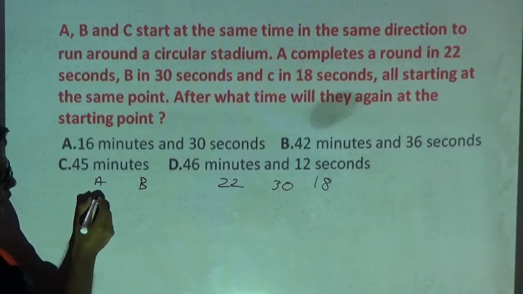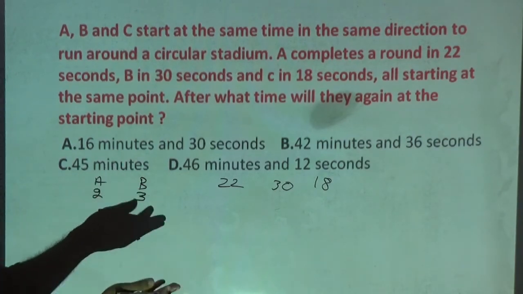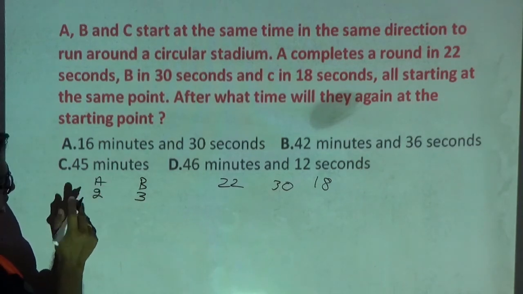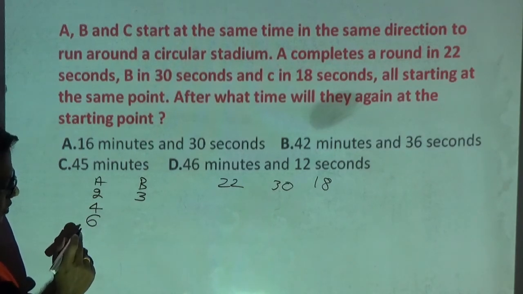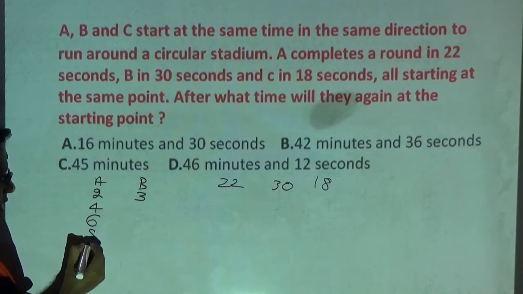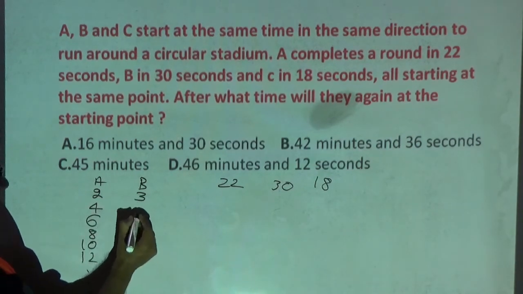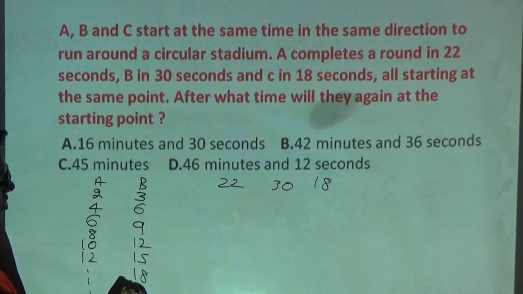A is going to take 2 seconds to complete one round. B is going to take 3 seconds. Let me assume that. After 2 seconds A makes one round. After 4 seconds the second round. After 6 seconds the third round. Again after 8, 10, 12 seconds, similarly. B takes 3 seconds to make one round, so here 3, 6, 9, 12, 15, 18, and so on.